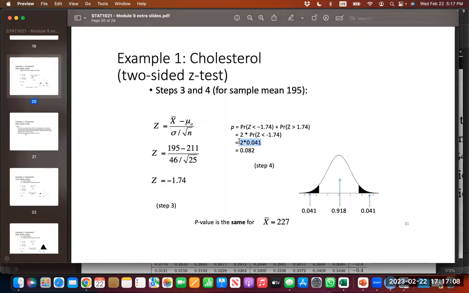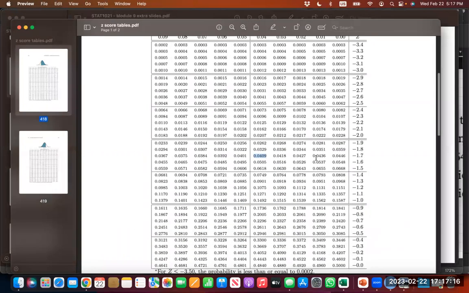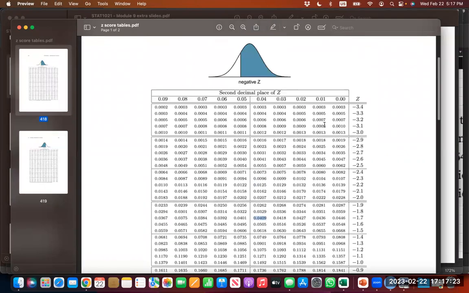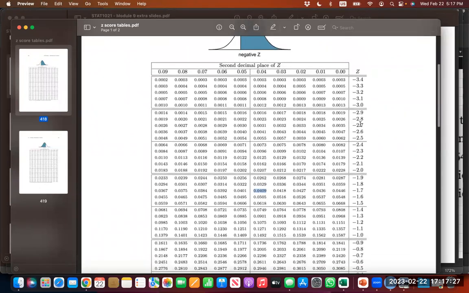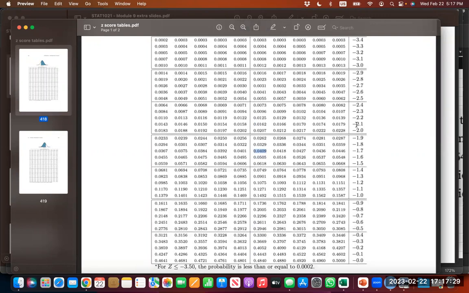I'm confused about how you're supposed to use that table. Like, how do you know which side to go down? Thank you for asking this question. So we have rows and columns. The rows identify the absolute number before the decimal point and the first decimal.